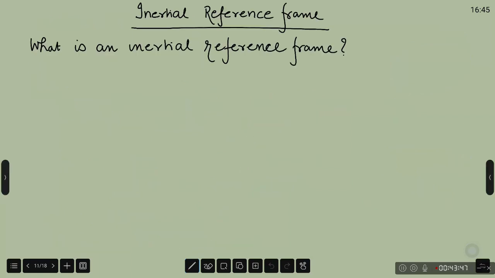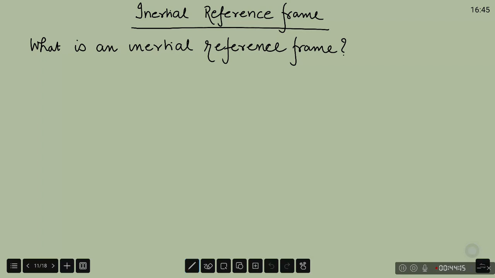Now, while telling you about the two Euler's axioms, I have put a restriction on the reference frame in context. Now we are saying that forces and acceleration, forces and angular momentum, they are related, but the frame in context has to be a special frame. It has to be an inertial reference frame.